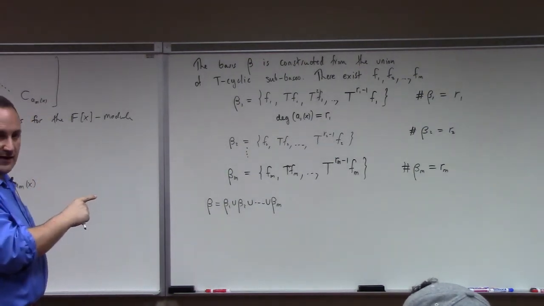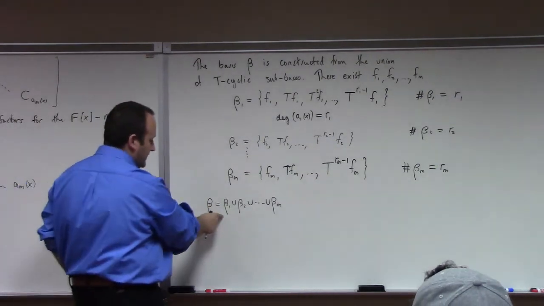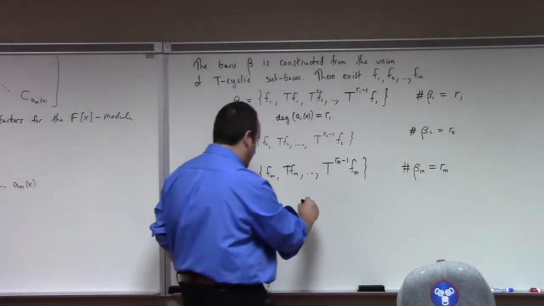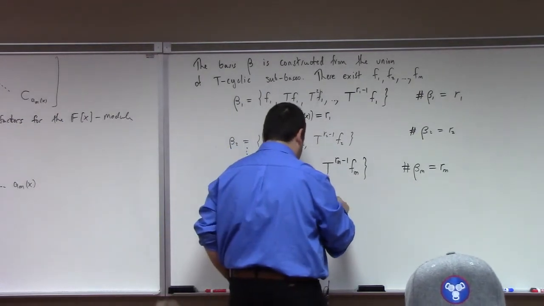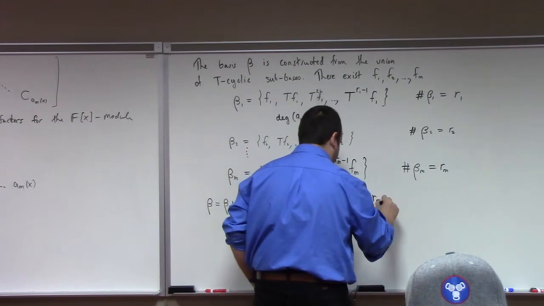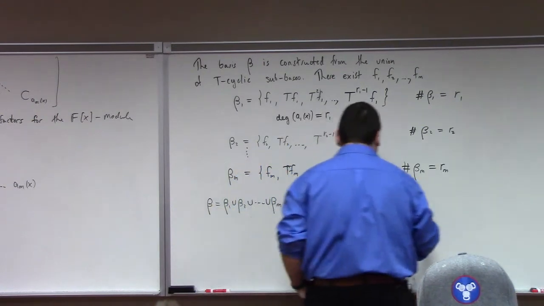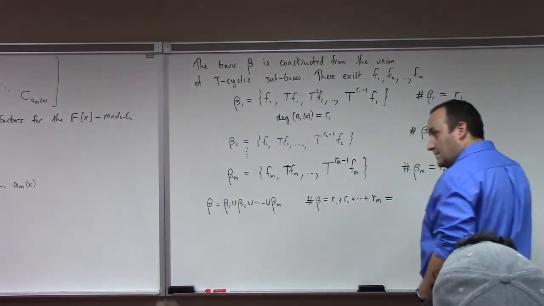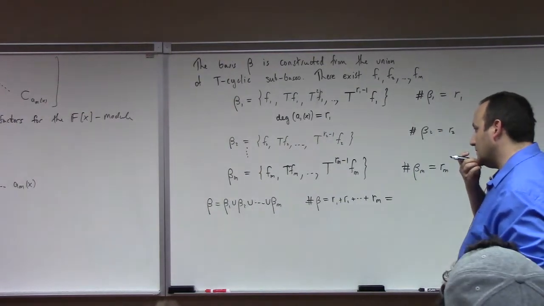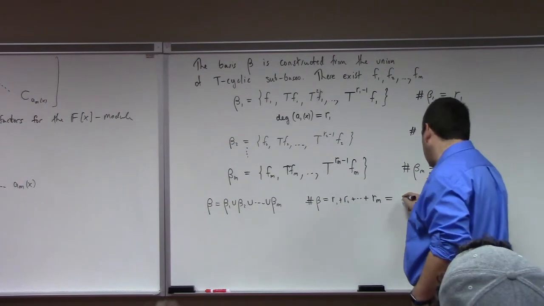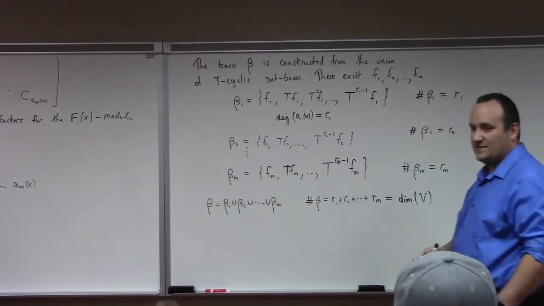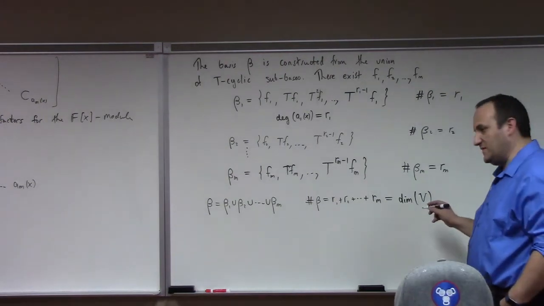The counting here: I've got r1 things in here, r2 things in here. So the number of things in beta is equal to r1 plus r2 plus ... plus rm. That should be equal to the what? That should be equal to the dimension of V, right, if it's going to be a basis for V. But guess what the dimension of V is also equal to?